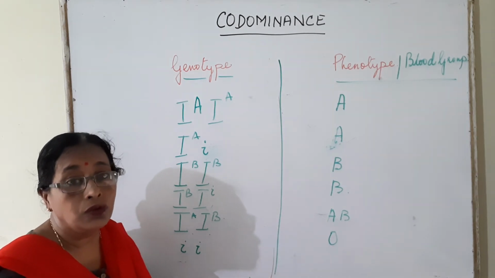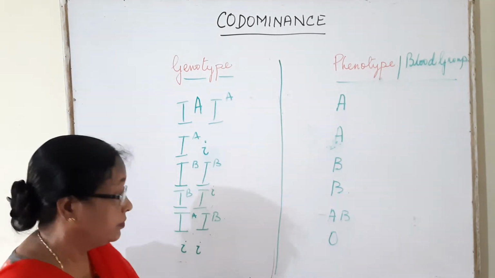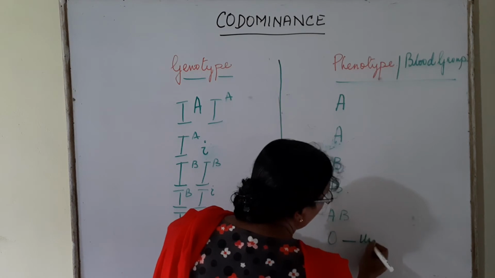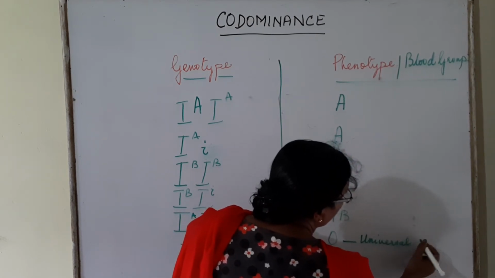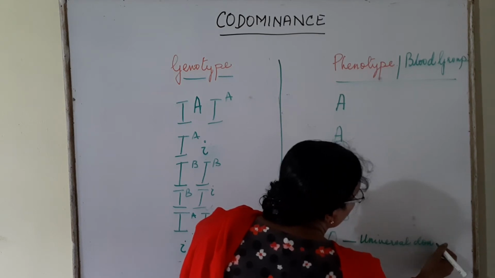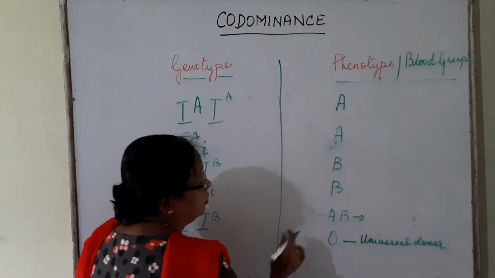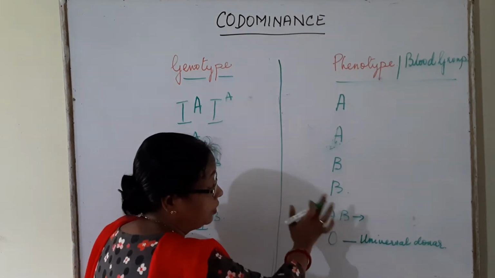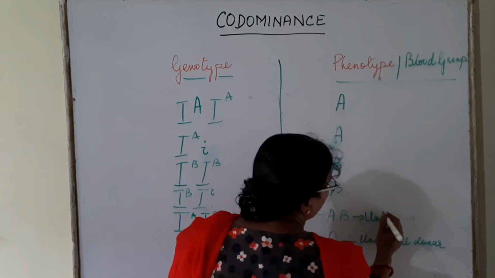Blood group O is known as the universal donor. Blood group AB, showing codominance, has both A and B, so it is the universal acceptor.